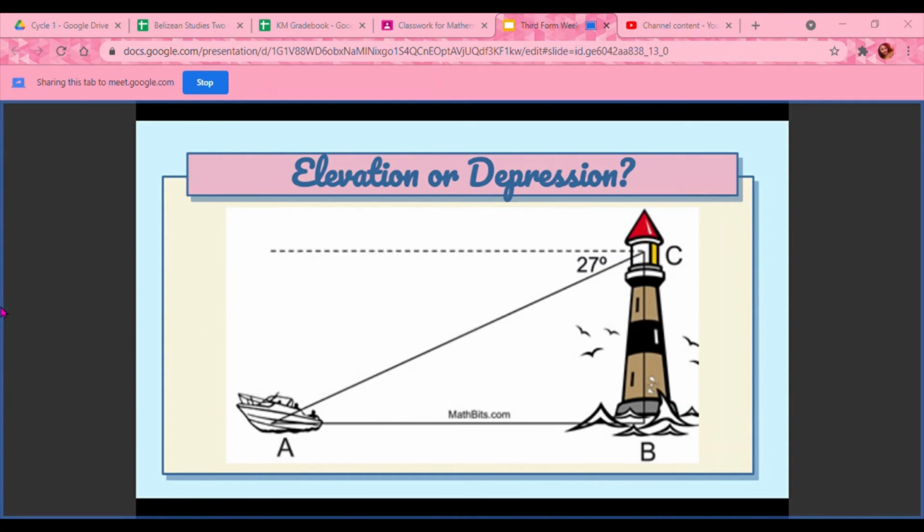Look at it very carefully. Type your answer. One, 2, 3.